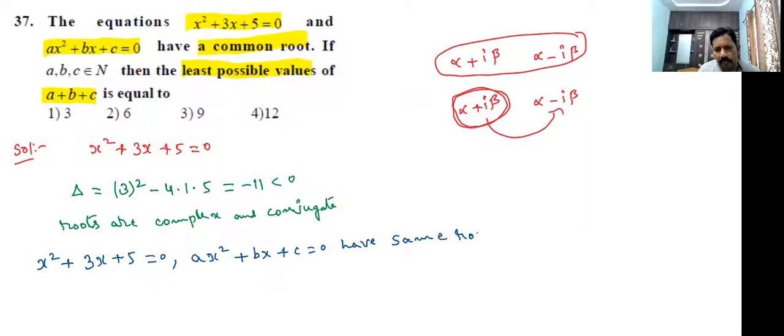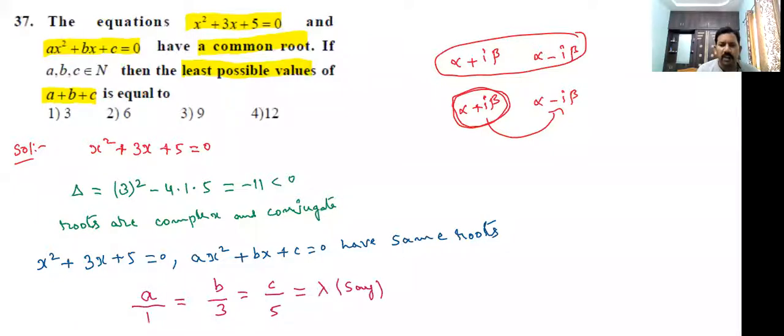Both quadratic equations having the same roots means their coefficients are in equal ratio. So a divided by 1, the x square coefficient of the first equation, is equal to b by 3, the x coefficient, is equal to c by 5, the constant. These ratios are equal; assume some constant lambda.